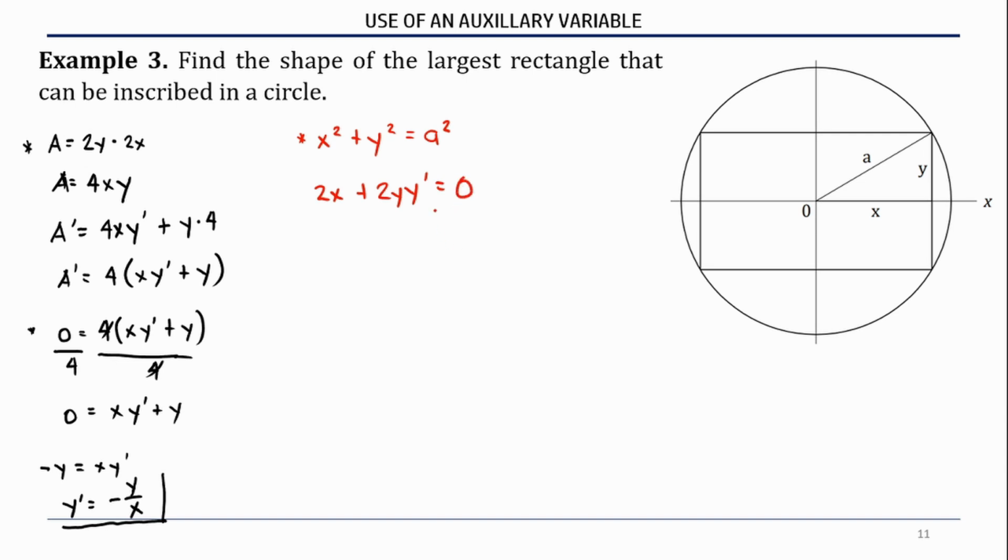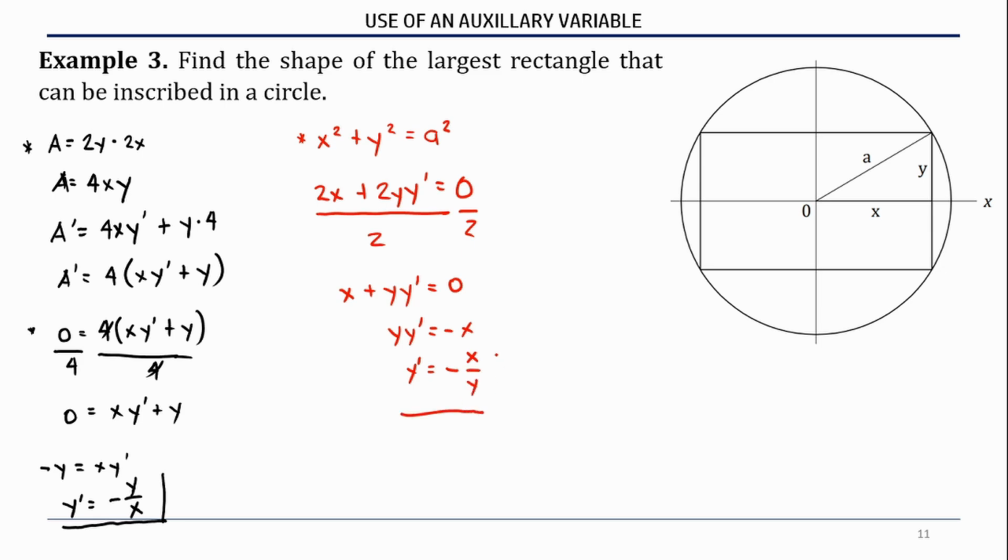So, 0 na siya. And then, divide both sides by 2. So, may iwan na lang dito, x plus y y prime is equal to 0. And then, y y prime is equal to negative x. So, y prime is equal to negative x over y.